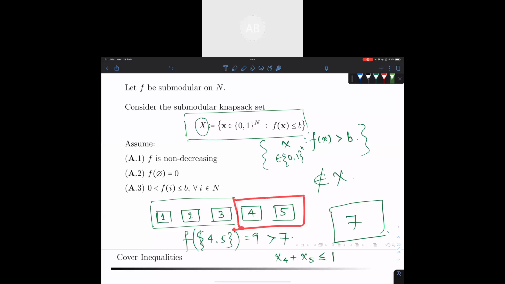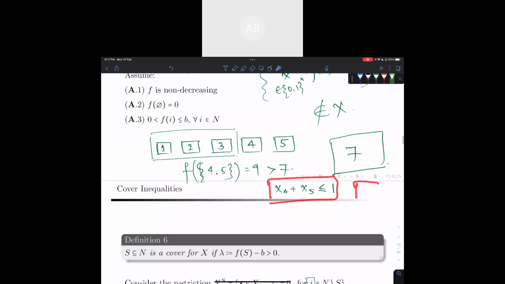If 4 and 5 were both 1, that will not lead to any solution that can be in X, right? So we have this constraint here, which chops off the region of the continuous solution space, and we obtain one such constraint.